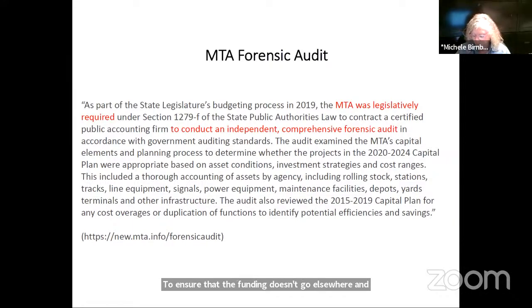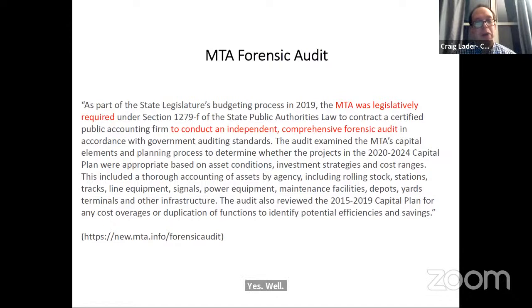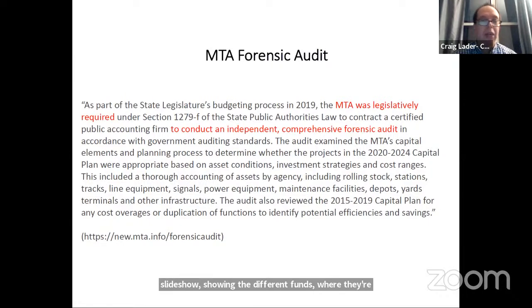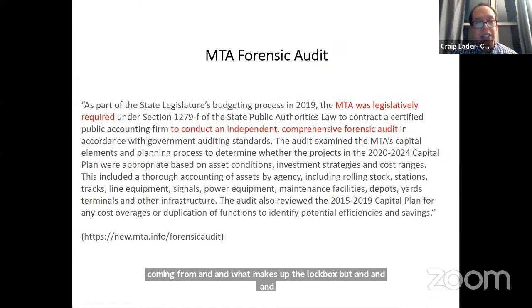Yes. Well, I'll leave it to others to opine as to whether they believe that it's sufficient as currently constructed. I have graphics in this slideshow showing the different funds, where they're coming from, and what makes up the lockbox, and the language in the law related to it.